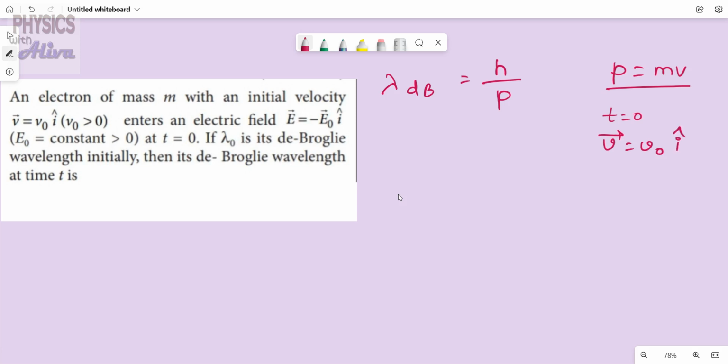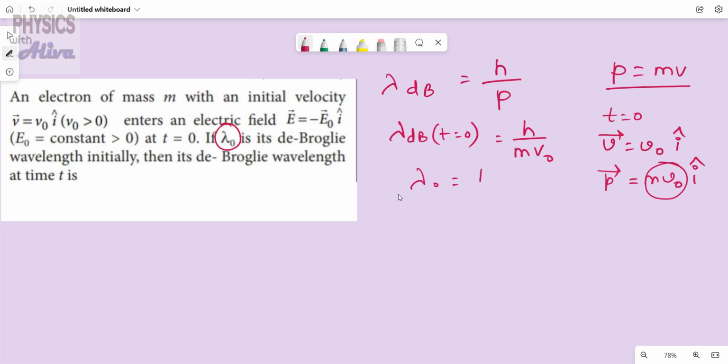So we can write that p vector at time 0 is equal to m v naught i cap. So the momentum is m v naught. So the de Broglie wavelength at time t equals 0 is h divided by m v naught, and this is mentioned as lambda naught. So lambda naught is equal to h divided by m v naught.